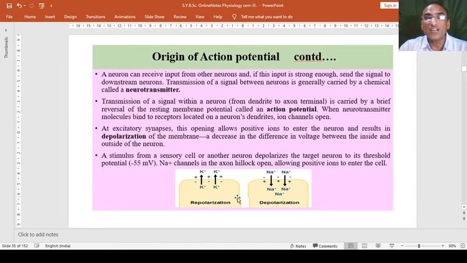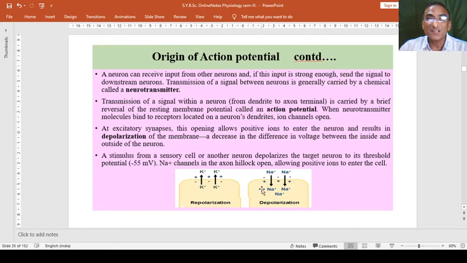The axon has different nodes, and in the membrane of the axon, as soon as sodium ions enter, the membrane gets depolarized. As the sodium enters, to maintain the equilibrium, potassium moves out, and as soon as potassium ions move out, it is called repolarization.